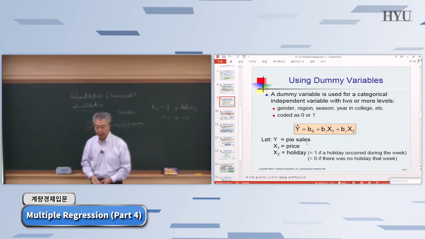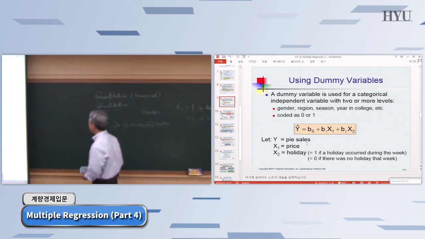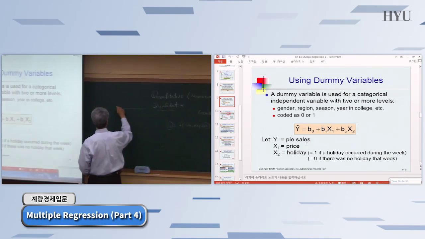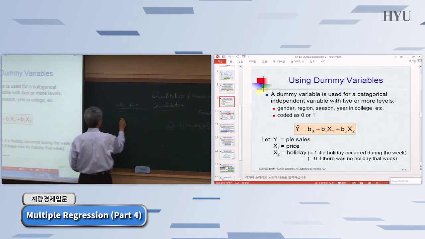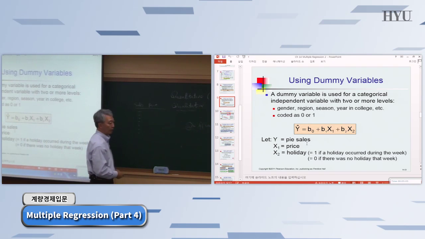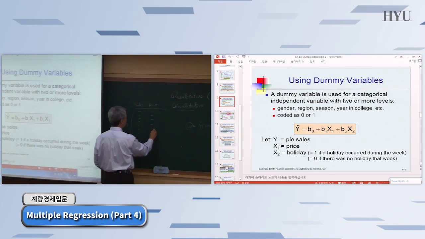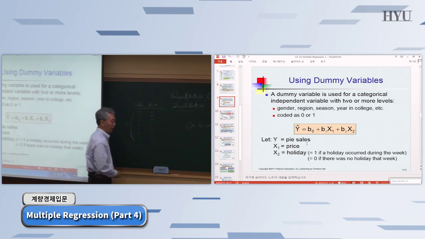So in your data, you have y, which is sales, and the price, and you have weekly sales. Let's say you have collected the information on, say, 15 weeks. Then you're going to have 15 observations of Y, and also what prices you charged in each week, right?